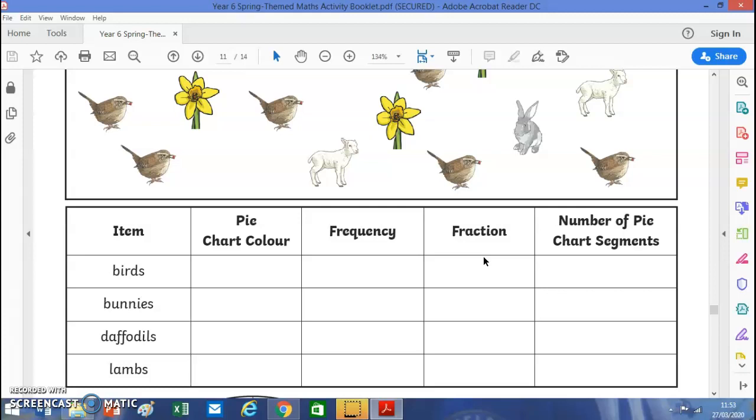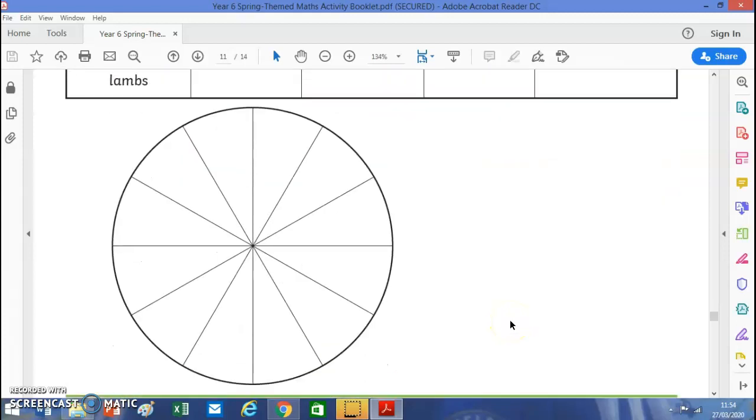So the next thing we need to think about, once we've simplified all of our fractions of our birds, bunnies, daffodils and lambs, is how many segments that would represent in the pie. So here's our pie. Imagine it's a big delicious pie that's going to be chopped up and divided by different people. Each segment, so each chop here, each slice, represents a number of objects.